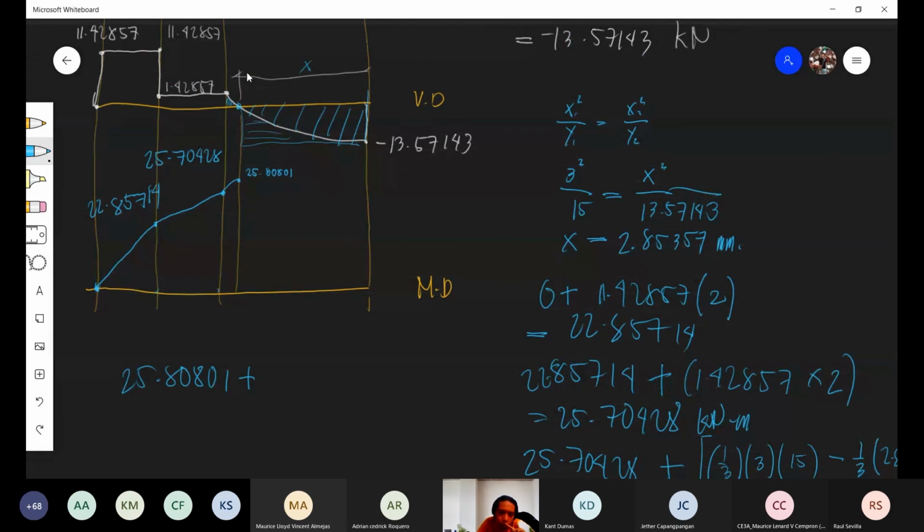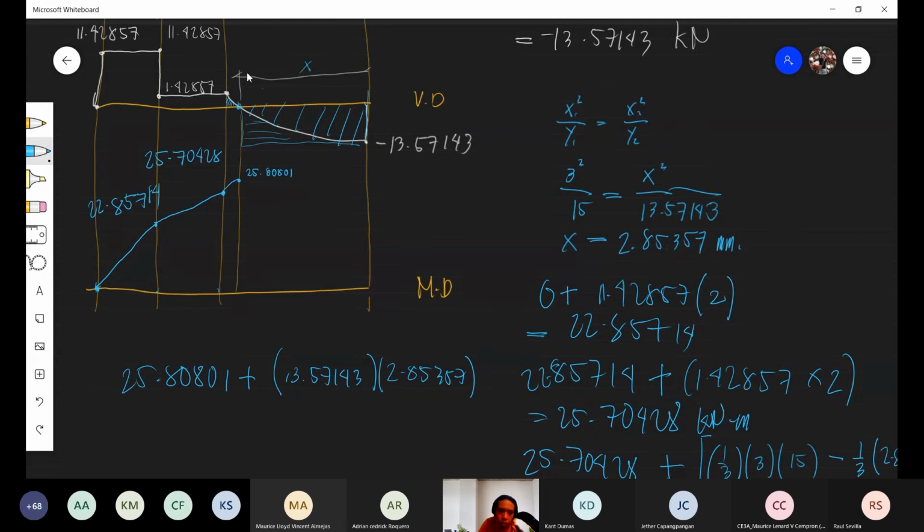So the rectangle is 13.57143 times x, 2.85357.